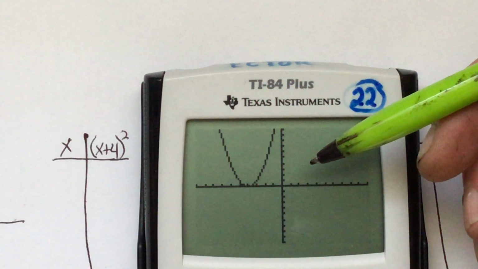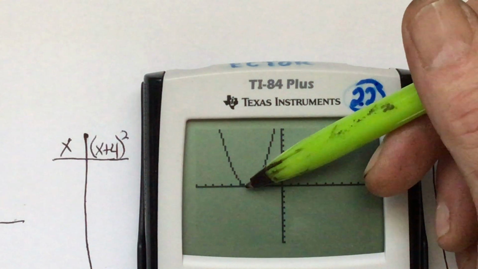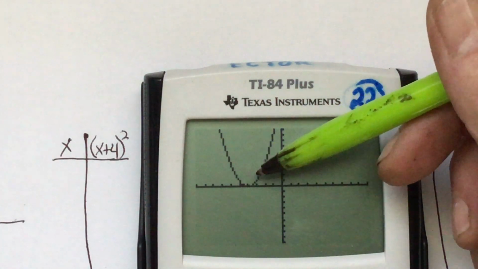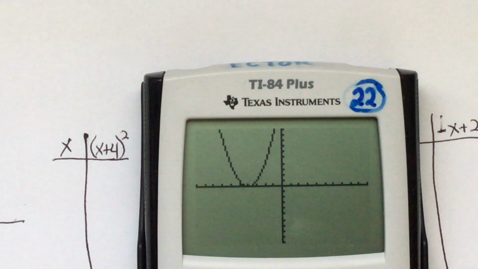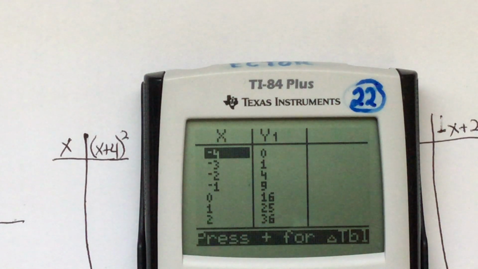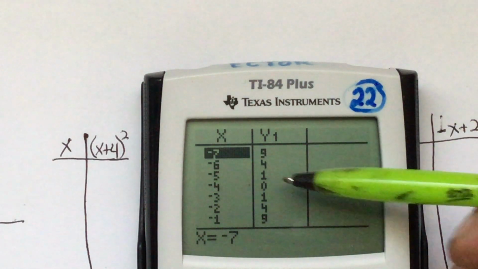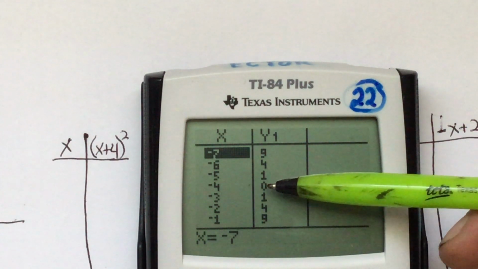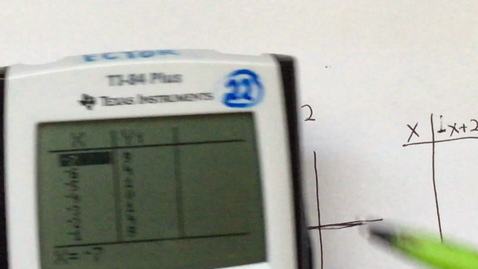So when I go to the table, I want to pick the number -4, and I want to pick a number to the left of it, a number to the right of it. I want to make sure that I pick numbers that are whole numbers. So here we go, -4. All right, let's see, here's -4 and 0. So that's going to be my point in the middle.